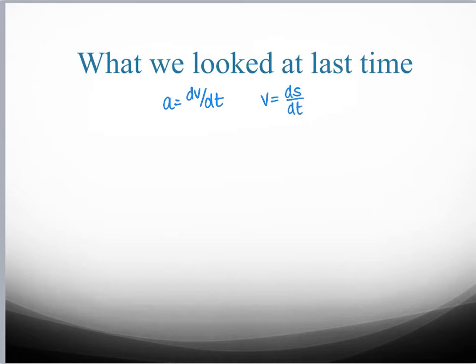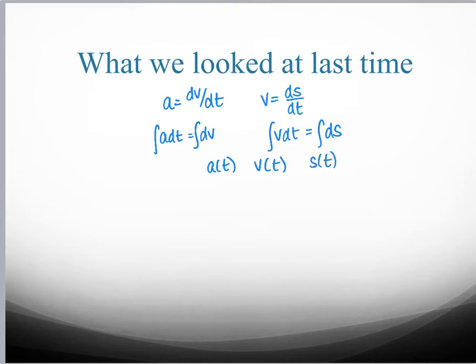And we talked about how you can use these expressions and integrate, if we do what we call separation of variables, and integrate both sides of the expression, you can find expressions for acceleration as a function of time, velocity as a function of time, and position as a function of time.